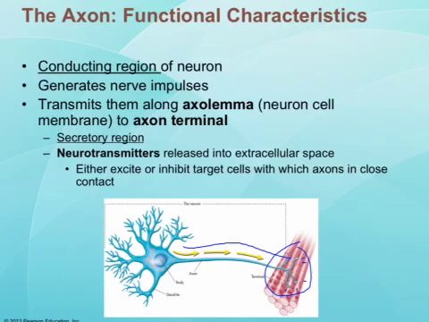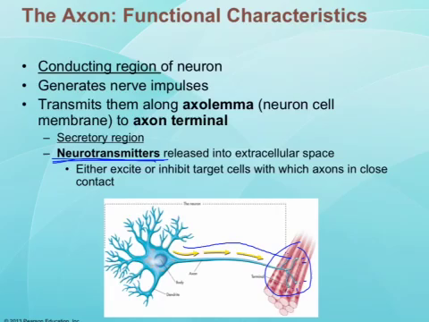Those are the secretory regions. Those axon terminals secrete the acetylcholine. The secreted chemicals are the neurotransmitters. The neurotransmitters are released into the extracellular space, and they can either excite or inhibit the target cell.